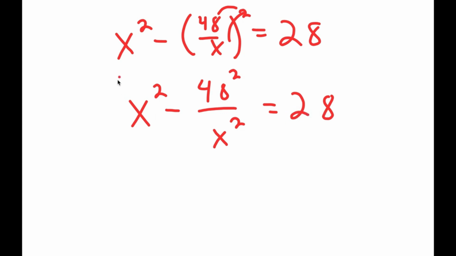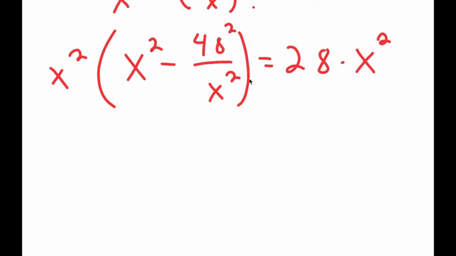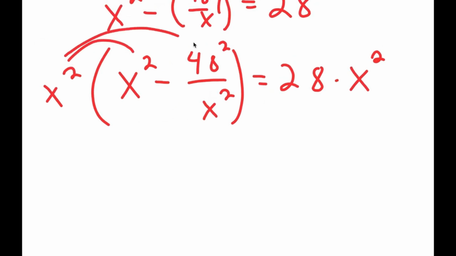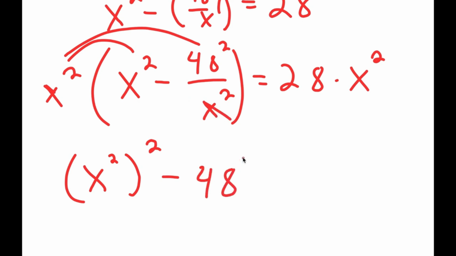Now I'm going to multiply both sides by x squared. So for my left-hand side, I have to distribute the x squared. x squared times x squared is (x squared) squared, or x squared to the power of 2. Now I have this minus 48 squared over x squared times x squared. These two x squared cancel out, so I just get 48 squared.